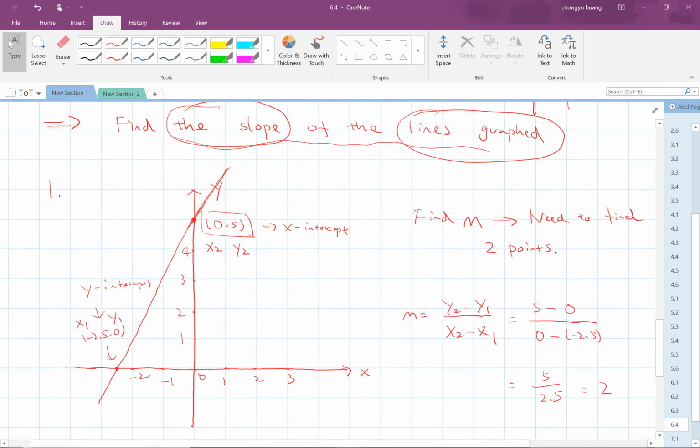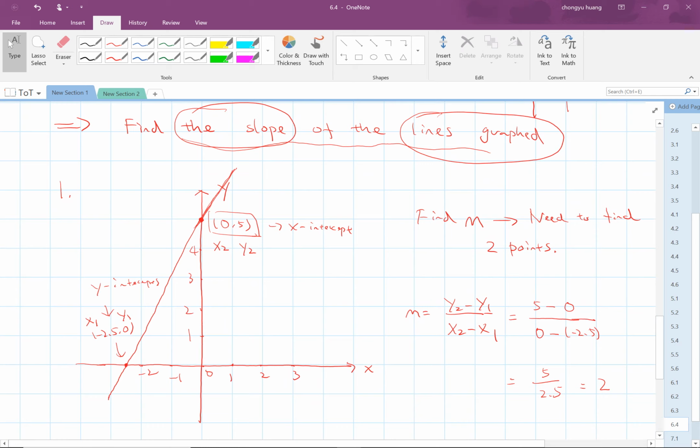So that's basically the step you need to take in order to find the slope of it. The answer for this question is equal to 2. Okay, that's the slope of the line.